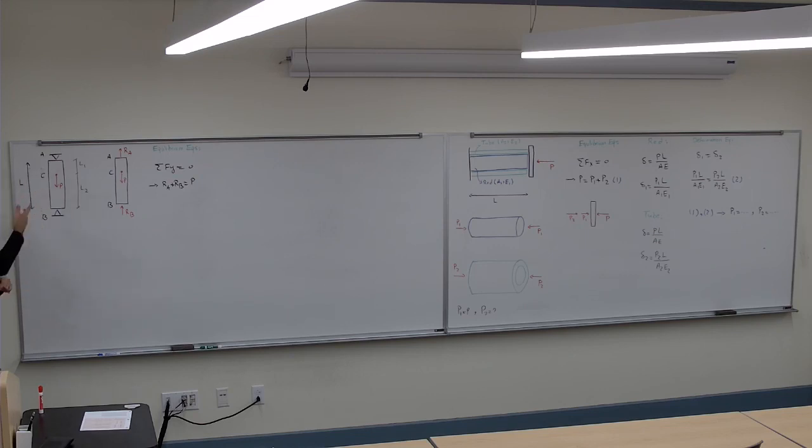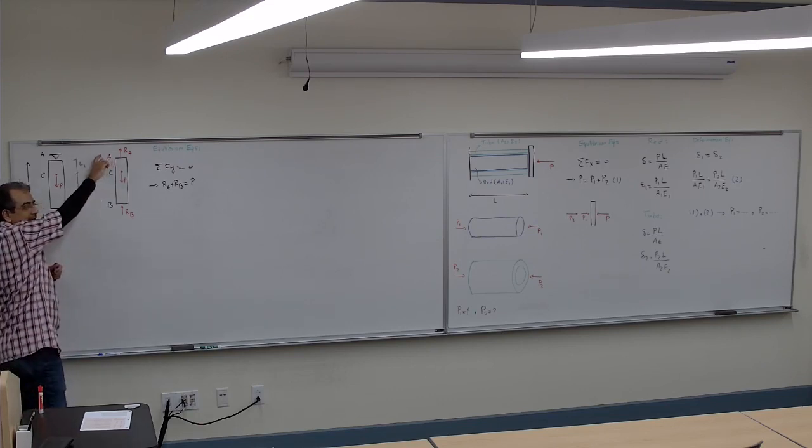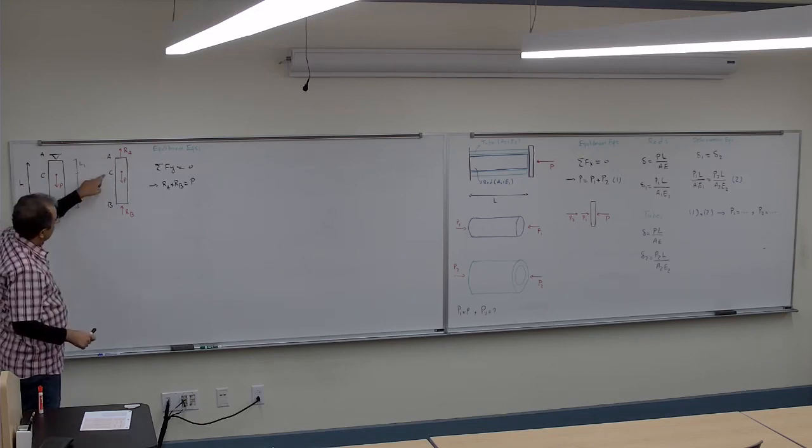The total length doesn't change, but does the AC length change? The AC part stretches out, so it will increase. So the AC increases, and what happened to the BC?